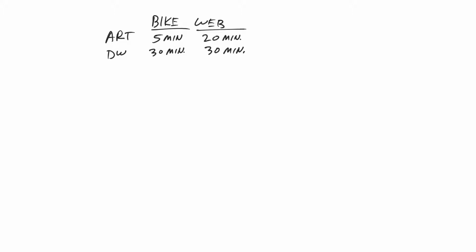So let's draw a production possibilities curve for both Arthur and DW. This one will be for Arthur. And we'll put bikes up here and web pages here. So let's talk about bikes. Arthur can do a bike repair in 5 minutes. So how many can he do per hour if he does nothing but bike repairs?